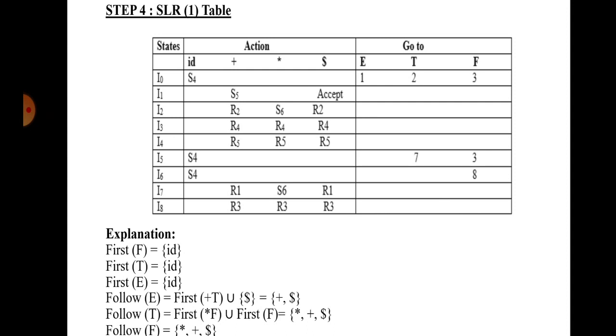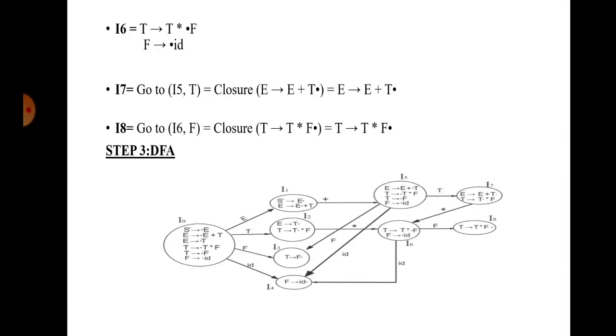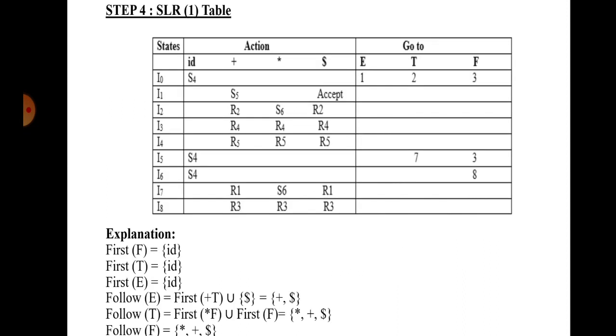In that item set, we write the reduced production with its number, which is the original production number of T tends to F. The number is given with respect to the reduced production. Similarly, do this for all item sets which have a dot at the end of the production.